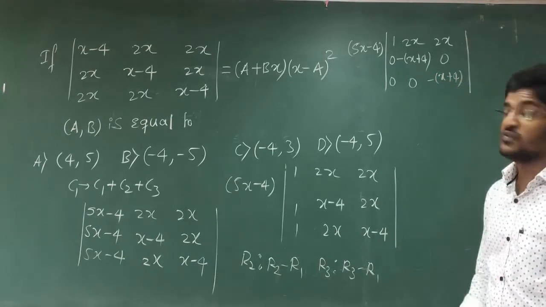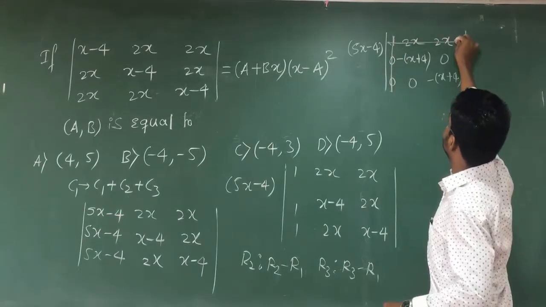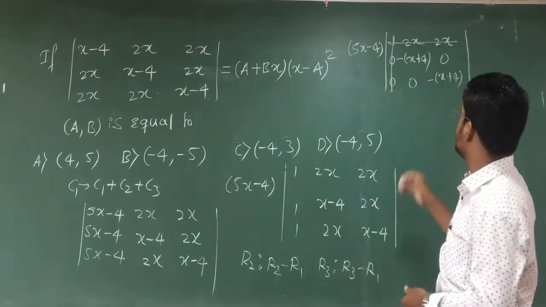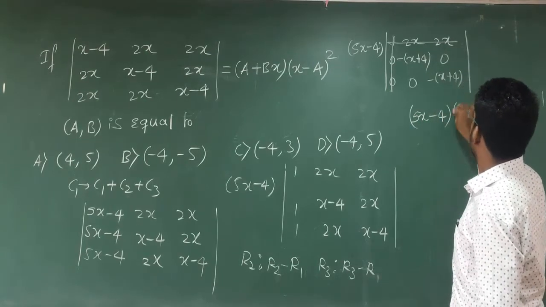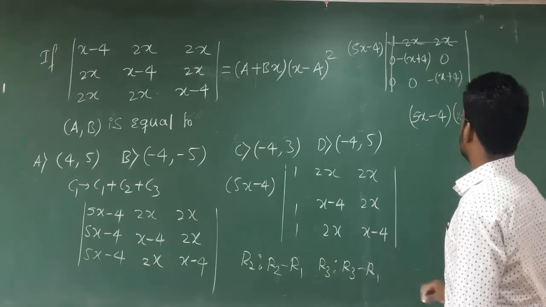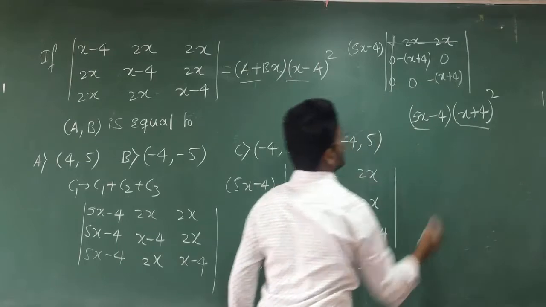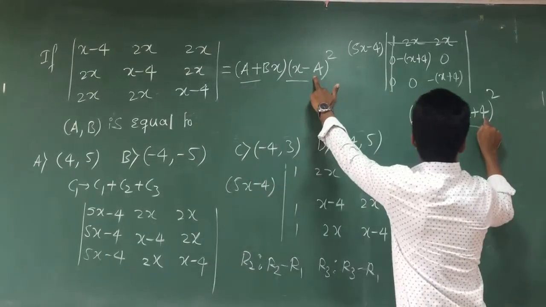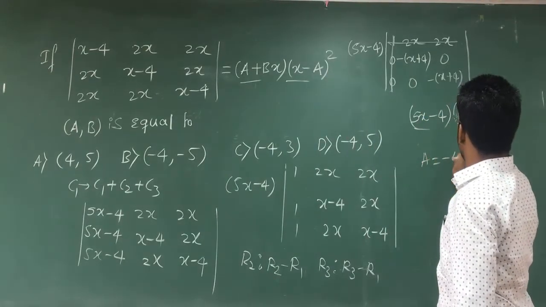Clear? So if I simplify this one along this column, this row, so 1 into multiplication of these two terms, that is 5x minus 4 multiplied by these two terms, x plus 4 whole square. Clear? So now compare these two equations. Clear? So in the place of a, what do I have? See, if I compare these two, a will be equal to minus 4.